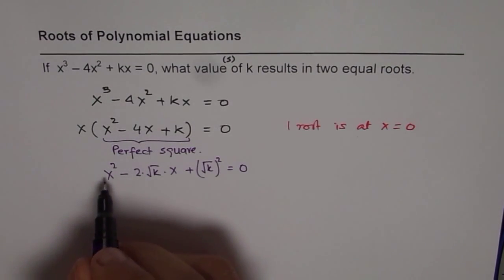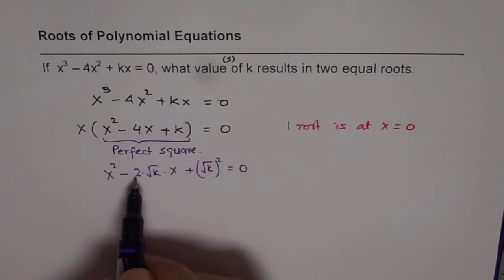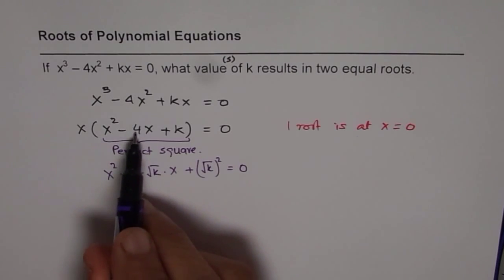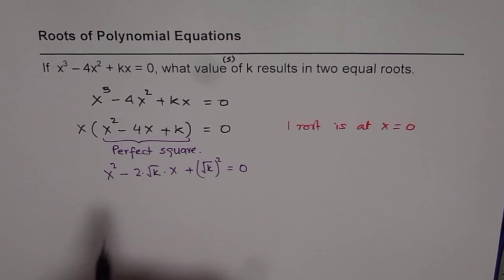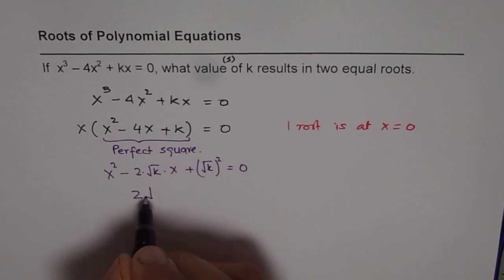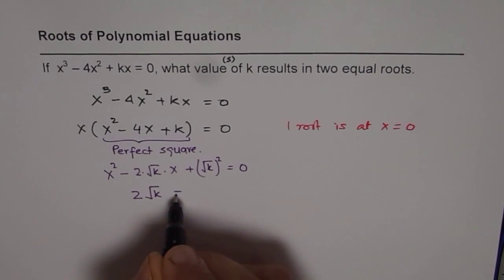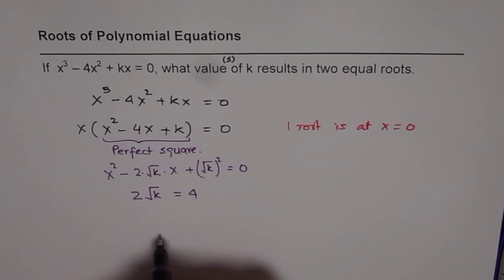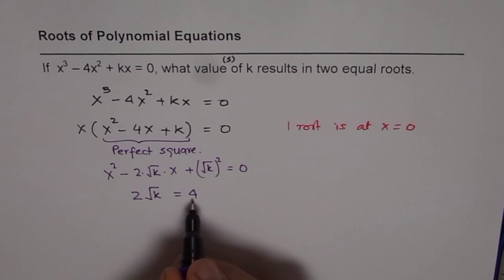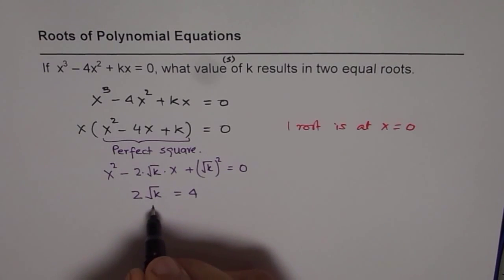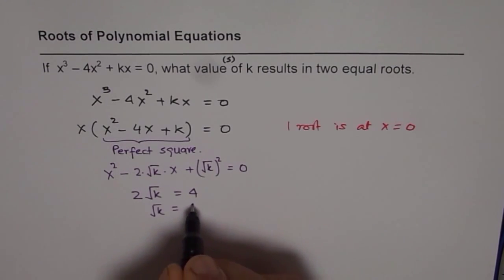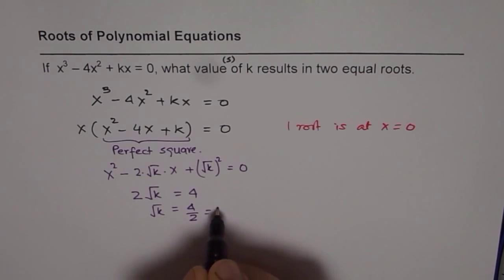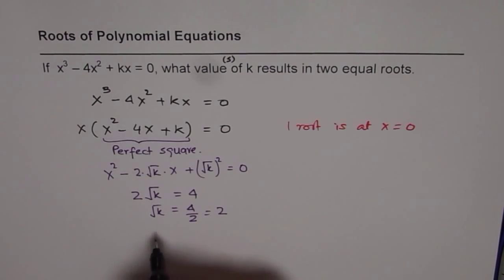So in that case, what do we have? We have 2 times square root k should be equal to 4. So 2 times square root k equals 4, or square root k equals 4 divided by 2, which is 2, and if we square it, then k is equal to 2 squared, which is 4.